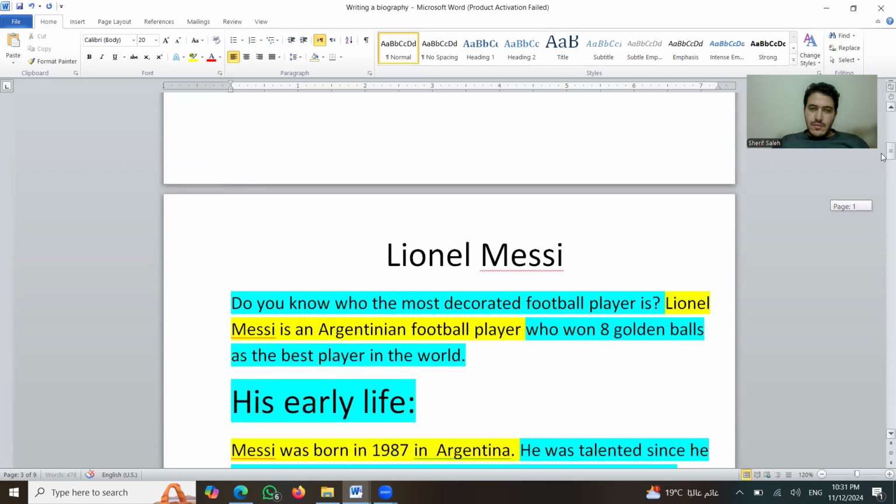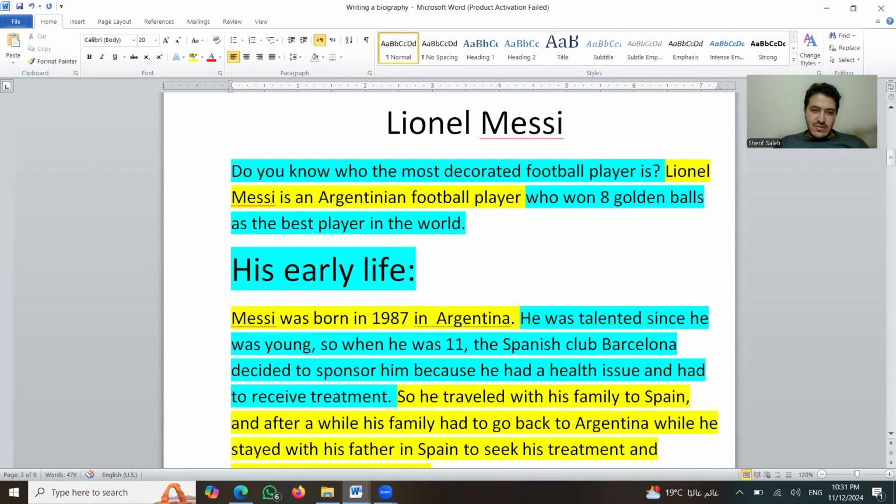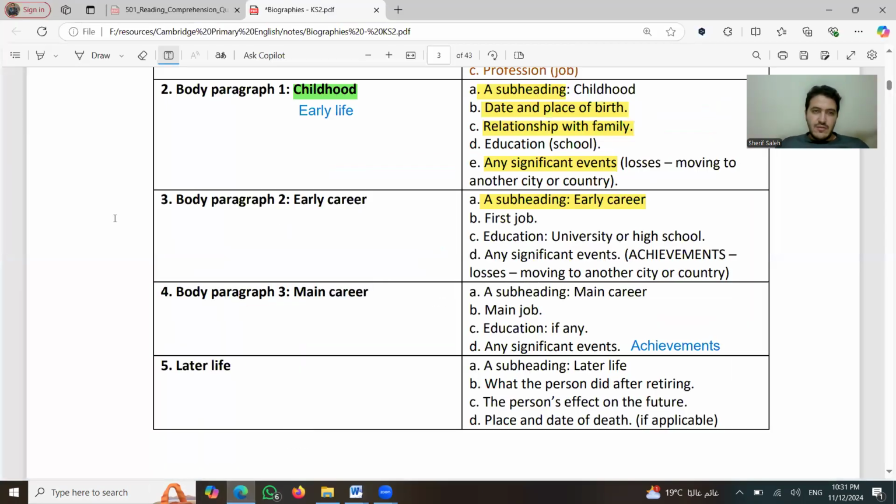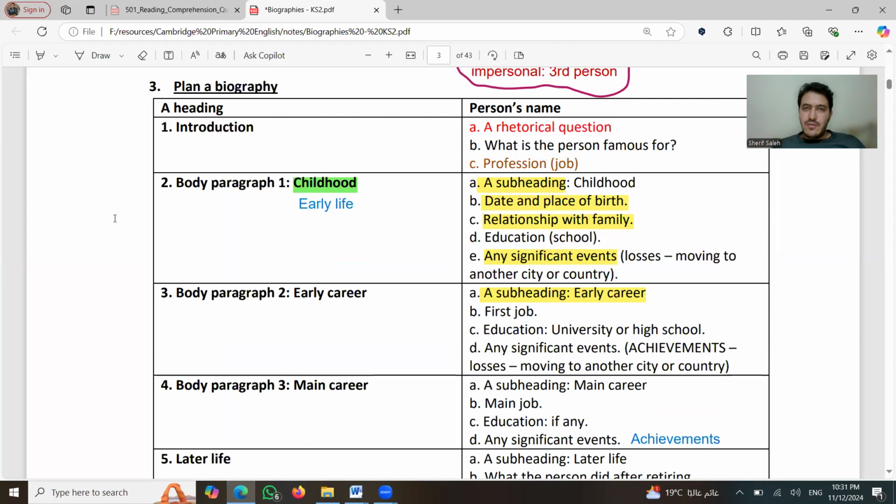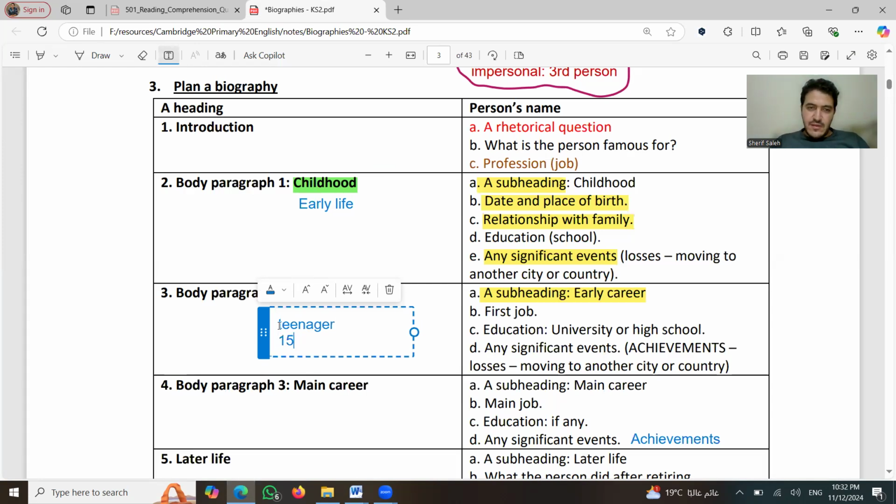So what you need to learn or what you need to master is just the beginning, how to start and how to think about it. So think about it as a timeline again. Start with the heading and then the introduction, and then think about the person as following the timeline. So you start with the birth and childhood. The child deals only with his family and school, for example. And then that child becomes a teenager. So when the person is around 15 years or 16 or 17, the person starts looking for the first job and maybe joining university.